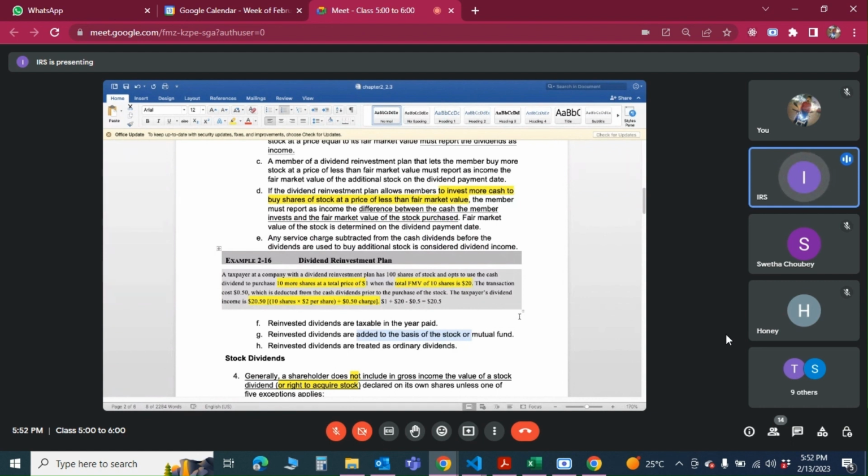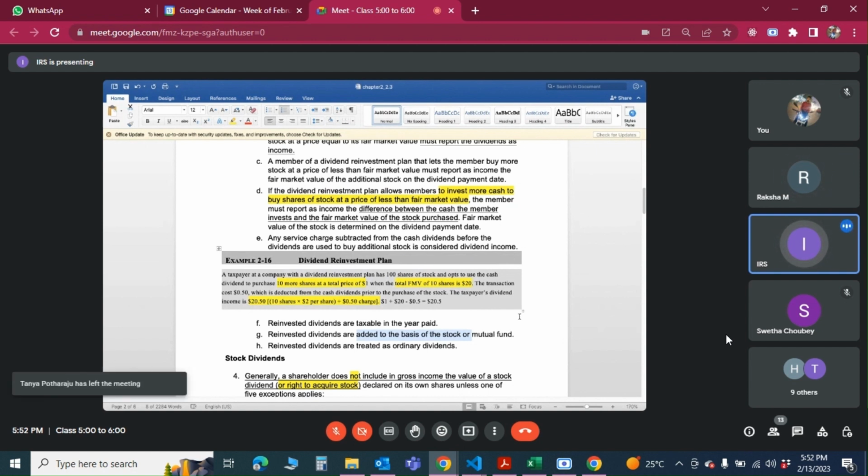So every time you're buying, you're increasing the cost basis. The same thing here. Otherwise, if you don't increase the cost basis, tomorrow when you're selling off everything at $200,000, your gains are going to be 100,000. Actually, if you have invested another 20,000, your gain should be 80,000 only: 200,000 less 120,000, not 100,000.